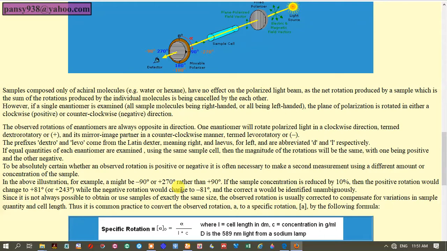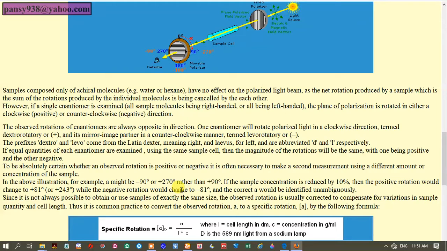If the sample concentration is reduced by 10%, then the positive rotation would change to plus 81 degrees or plus 243 degrees, while the negative rotation would change to minus 81 degrees, and the correct rotation would be identified unambiguously.